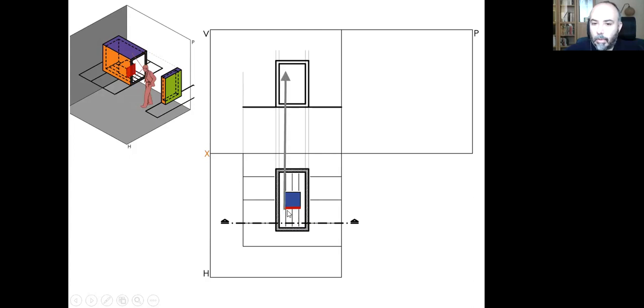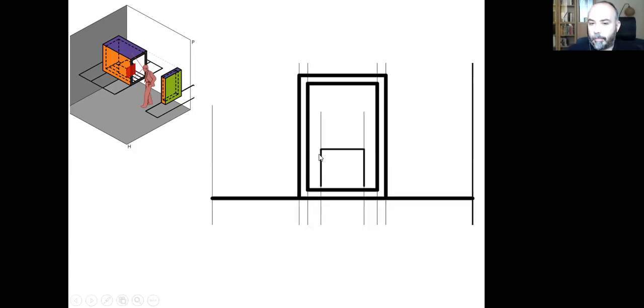So I need to transfer this distance, this width here up there, and I need to use my middle thickness, middle darkness lines by leaving tiny gaps, because there is an interval difference between these cut surfaces, the edges of the cut surface, and the edges of the blue cube. So I need to leave these gaps.